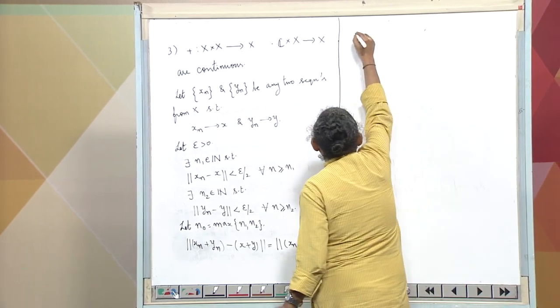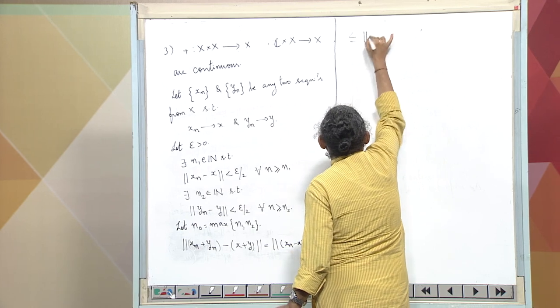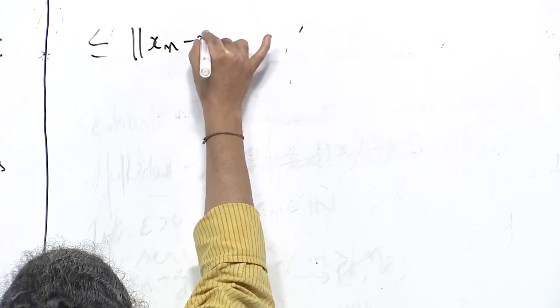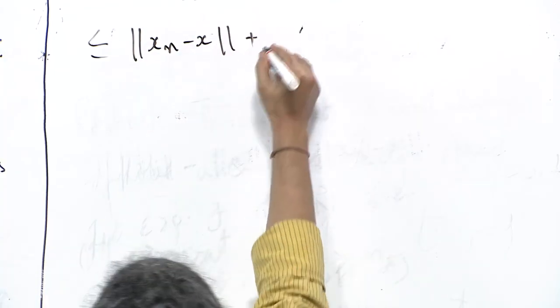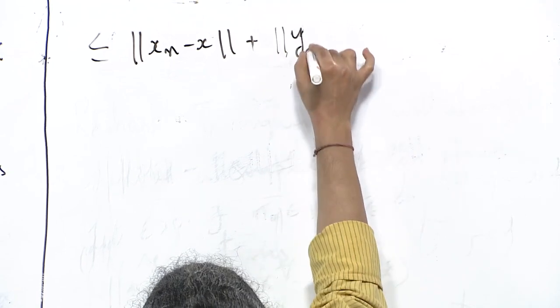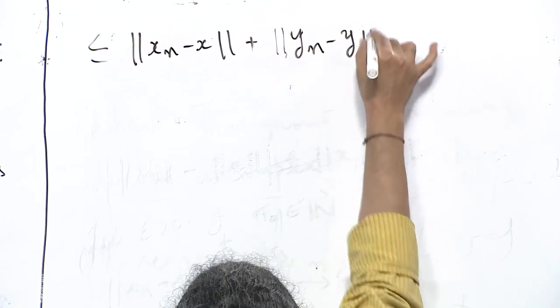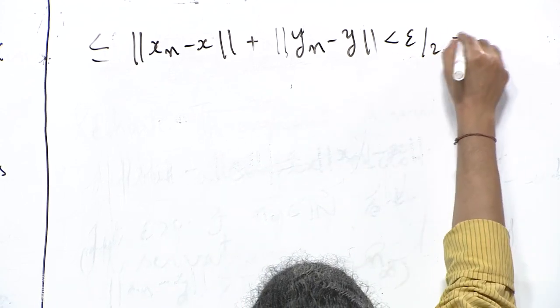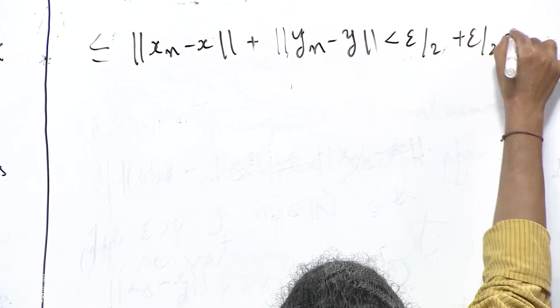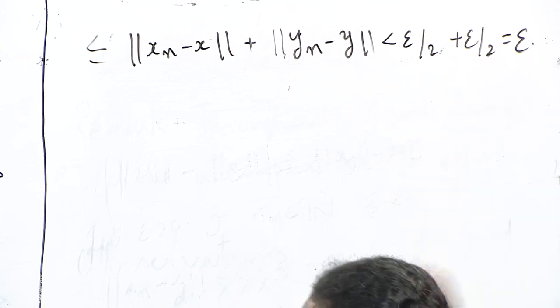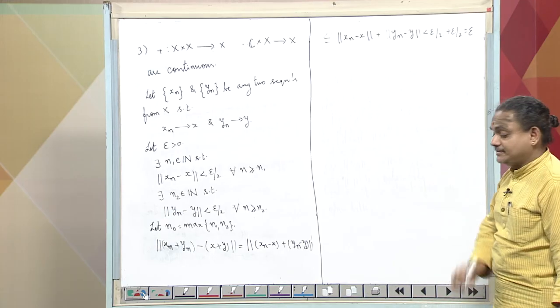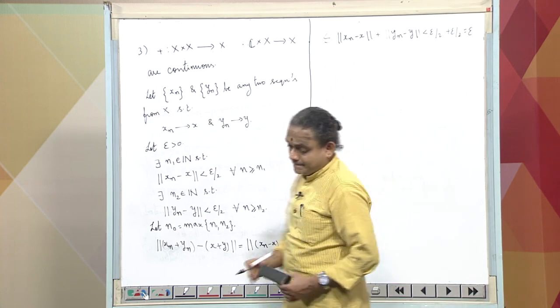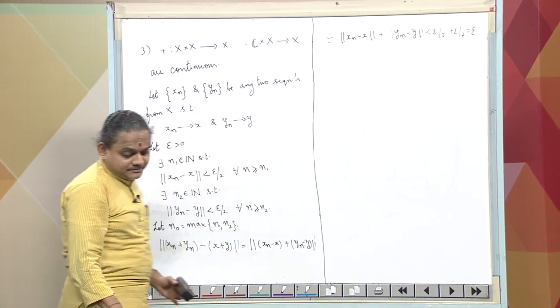If you make use of the triangle inequality, this will be less than or equal to norm of x_n minus x plus norm of y_n minus y, and both are less than epsilon by 2, which is equal to epsilon, and we are done. That is exactly what we wanted here.